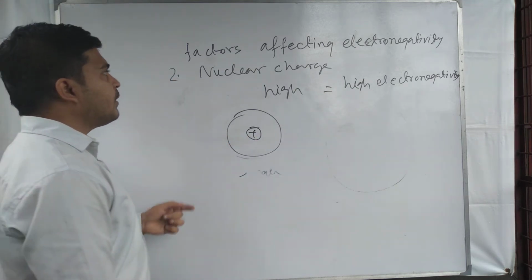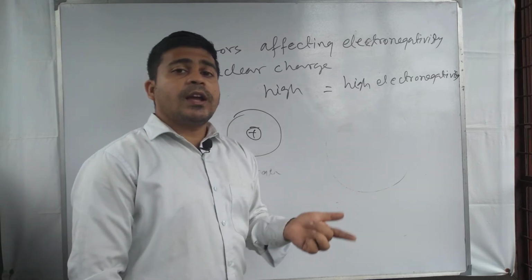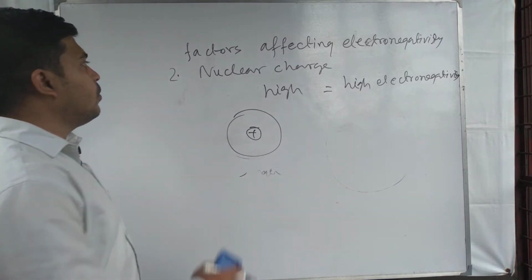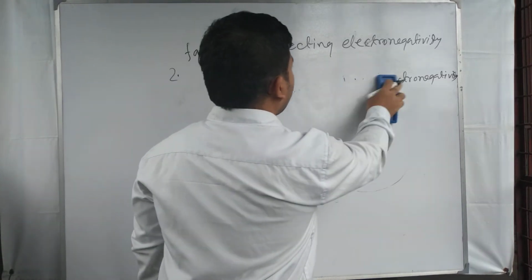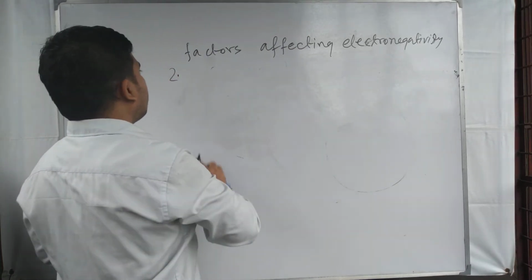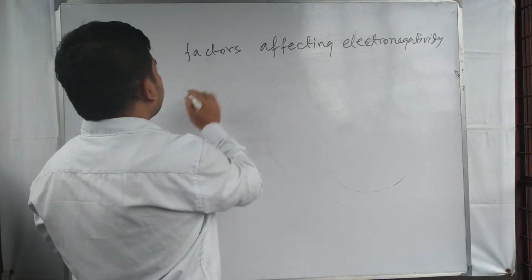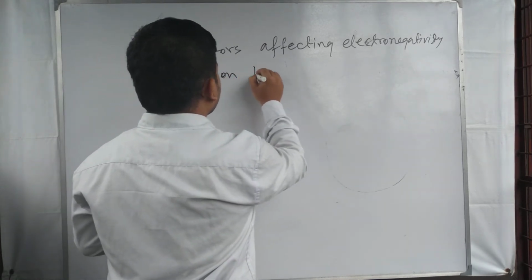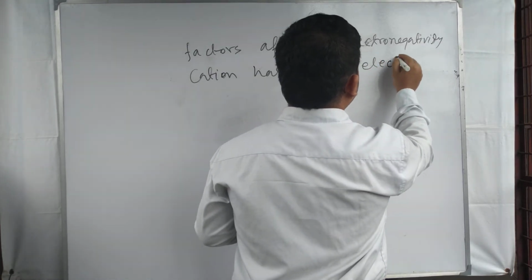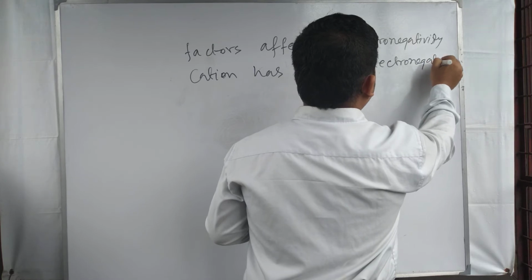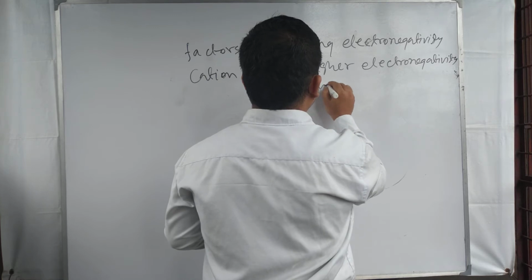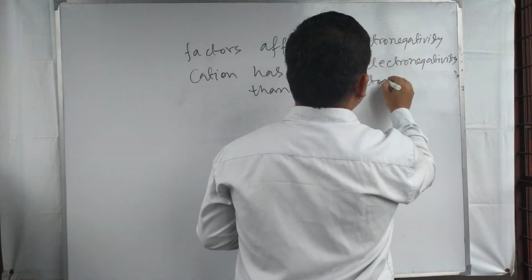For the elements that have higher nuclear charge, that should have higher electronegativity. The third important factor of electronegativity is the nature of the species. For example, a cation has higher electronegativity than the parent atom.